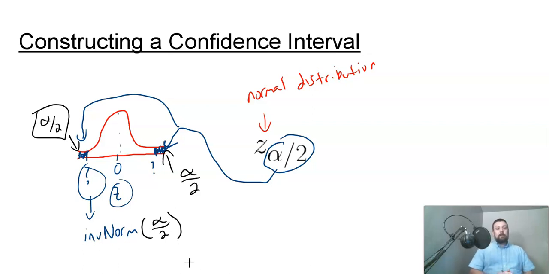Now in chapter 6, we talked about inverse norm actually needs 3 numbers. It needs the area to the left, it needs the mean, and it needs the standard deviation. But for z-scores, the mean is 0 and the standard deviation is 1. That's what's useful about z-scores. It standardizes that normal distribution for us by having the values as z-scores.